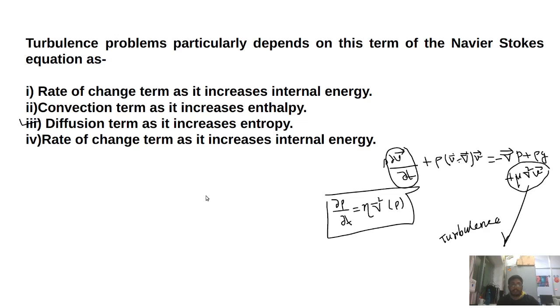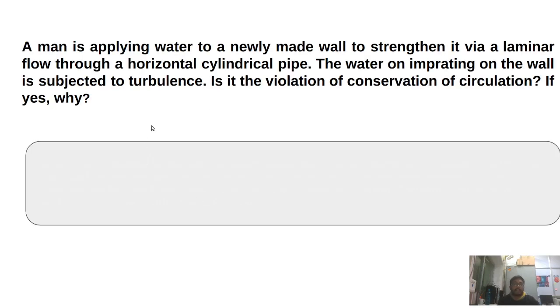Okay, let's move on to the next question. We have a man applying water to a newly made wall to strengthen it via laminar flow through a horizontal cylindrical pipe. So let's say you have a vertical wall like this, and you have a pipe. A man is giving water to the wall via this pipe.